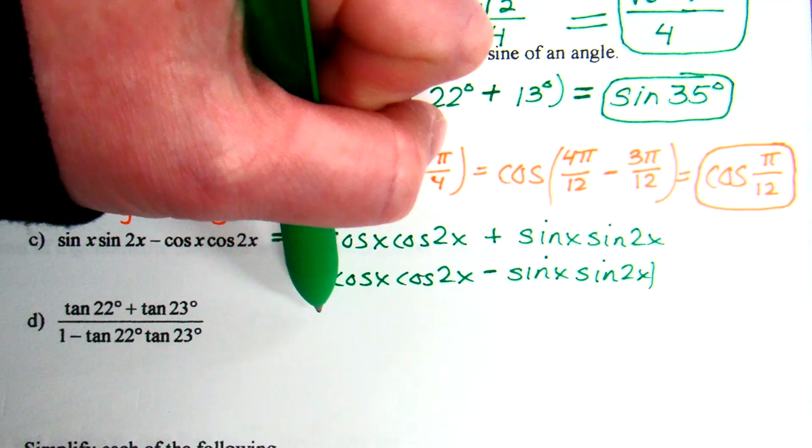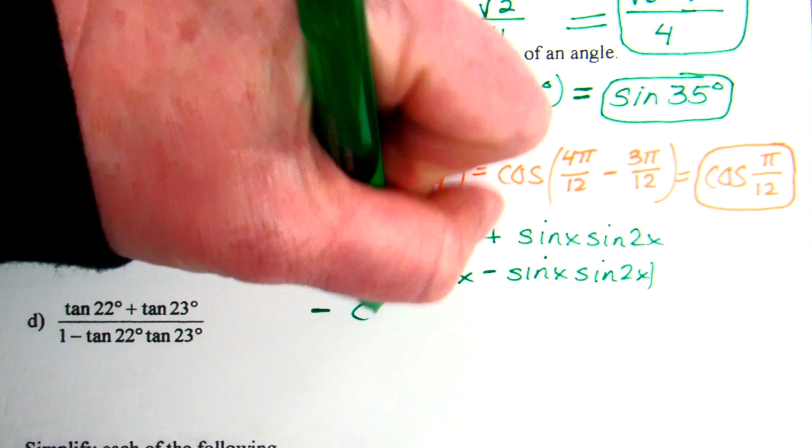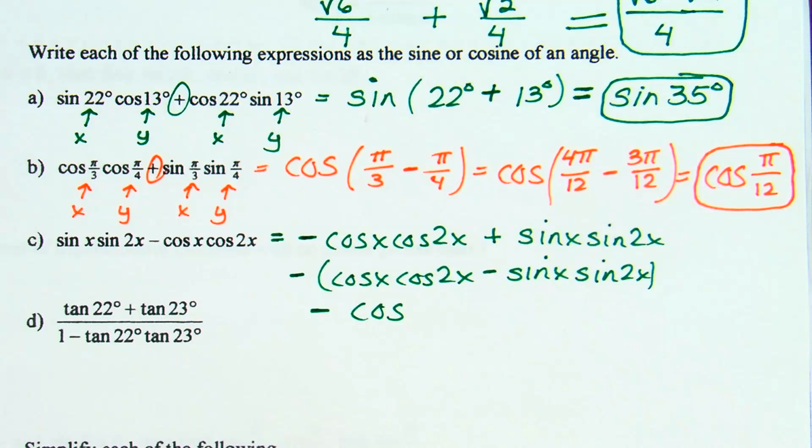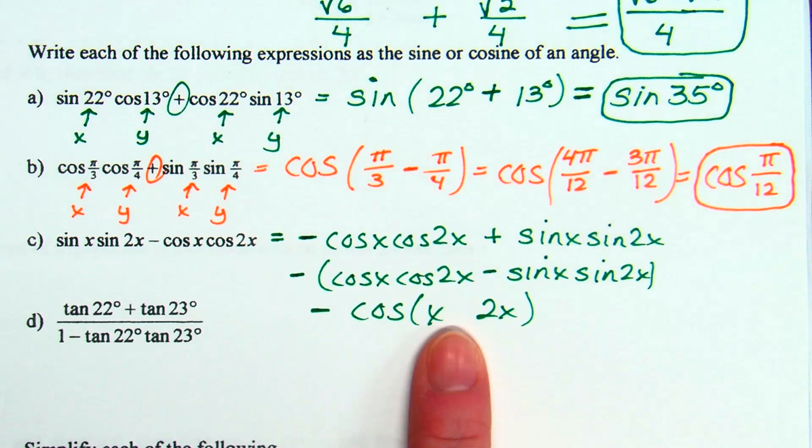So that negative out front, I can just carry down. This is what type of identity? We already agree it's a cosine identity. What are my x and y values? X and 2x, right? So it's going to be x and 2x.